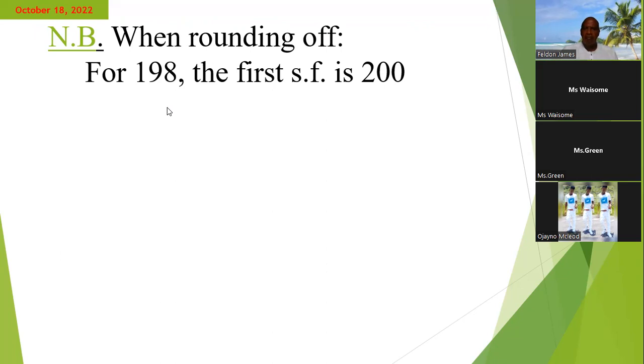When rounding off significant figures, just like how we looked at the whole number, we choose which place value is more meaningful to us.